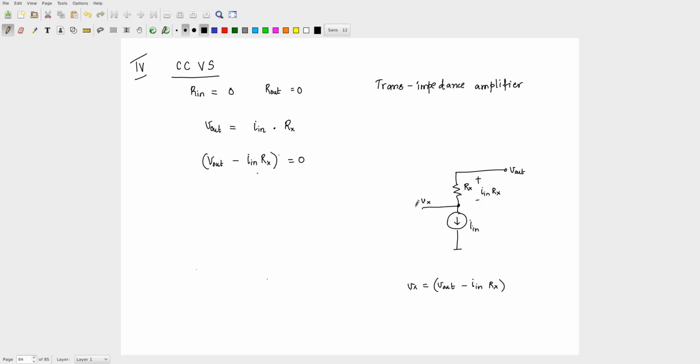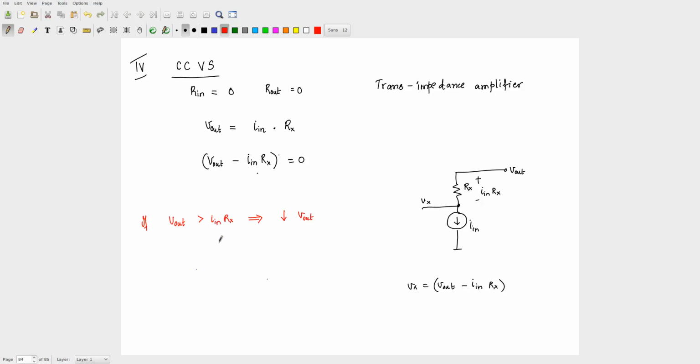Okay, let's write down what we want to do. If V out is greater than I in Rx, what do you want to do? You want to decrease V out. You can't decrease I in.